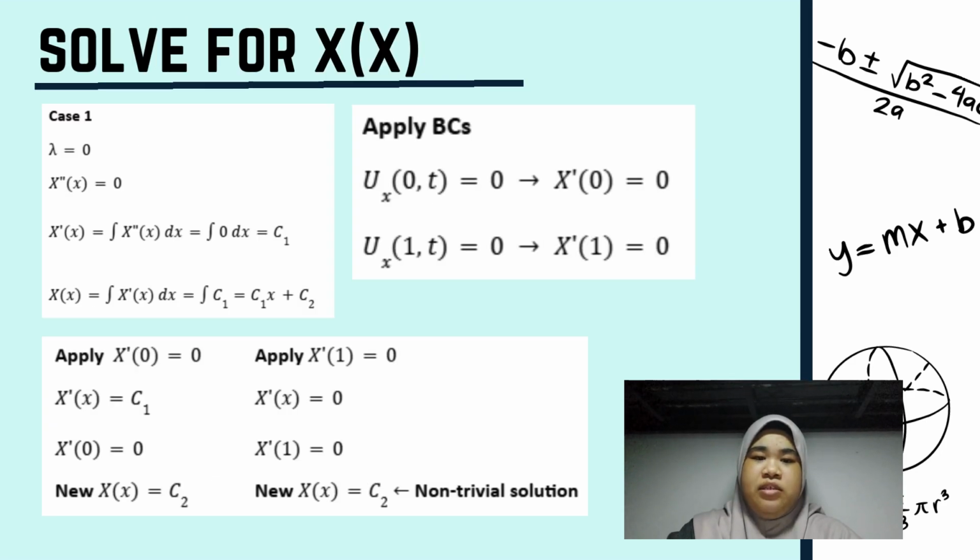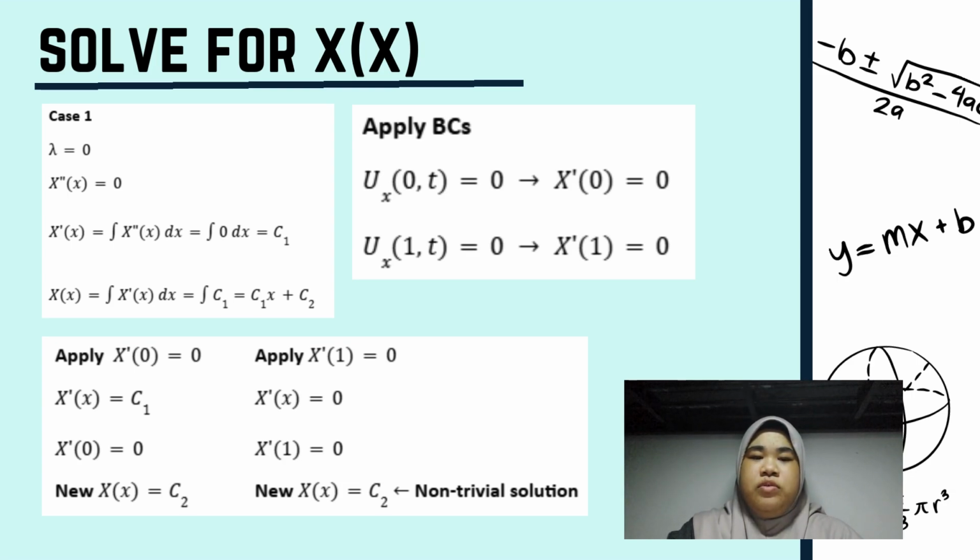So the next step is we should solve for the variable X(x). There are three cases. First, for case 1, we assume lambda equal to 0 and substitute it into our equation in X. So we get X double prime(x) equal to 0.